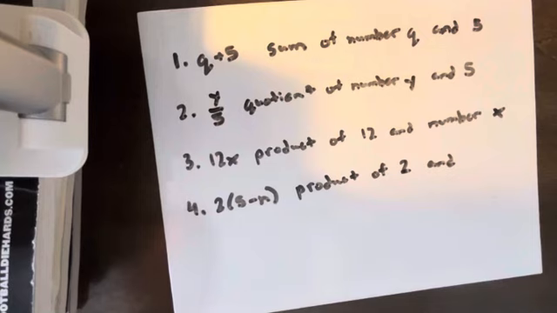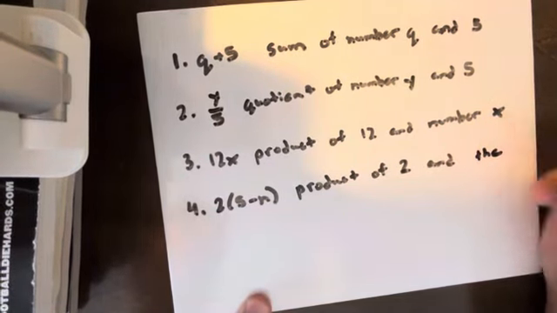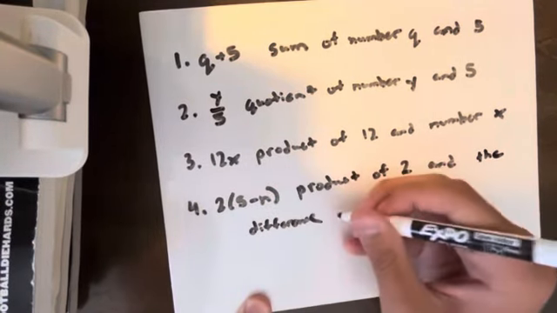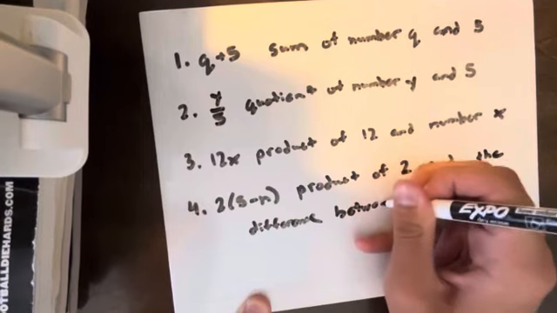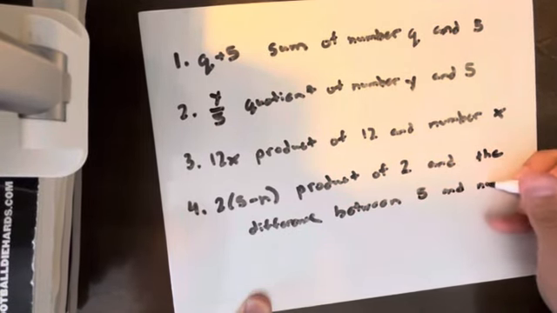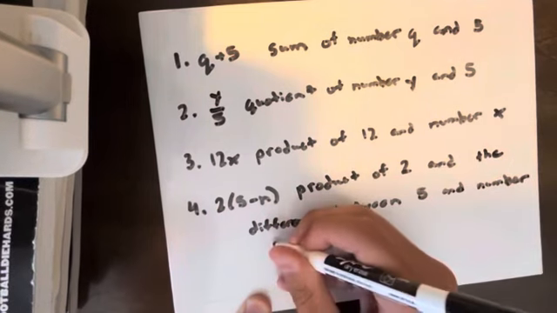It's subtraction. So we're going to be saying the difference between 5 and number n.